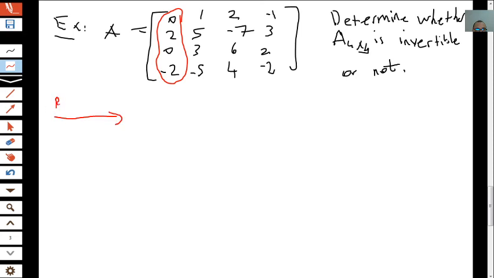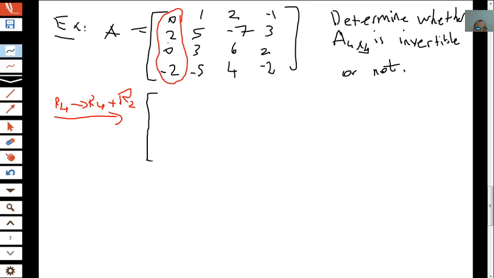So R4 is replaced by R4 plus R2, to get 0 for minus 2. Using the second row, we have 2 here.